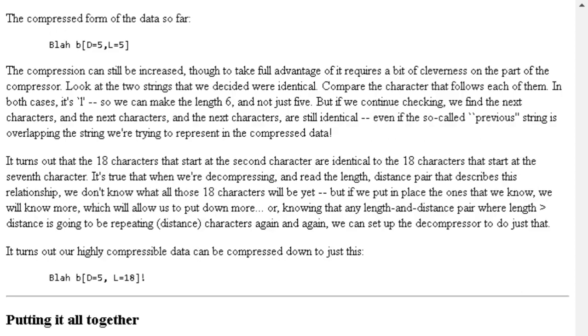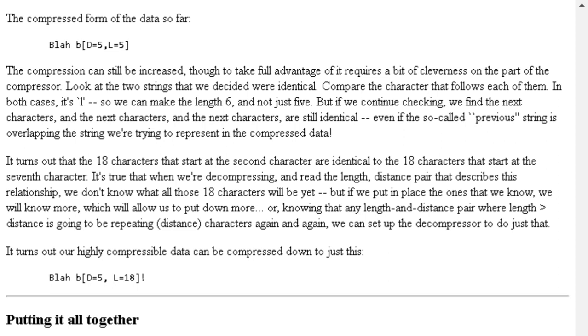So scrolling, okay. The compression can still be increased, though. To take full advantage of it requires a bit of cleverness on the part of the compressor. Look at 2 strings that we decided were identical. Compare the character that follows each of them. In both cases, it's L, dash dash, so we can make the length 6, not just 5.